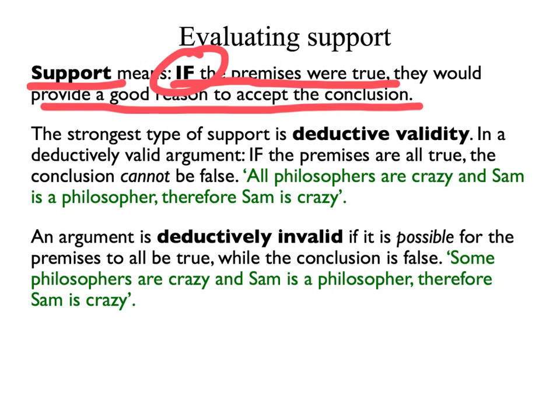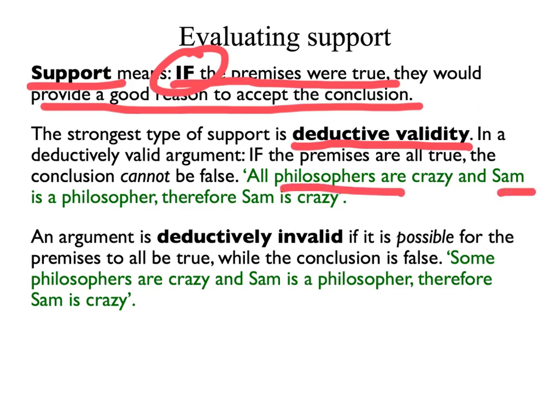One type of support that premises can give to a conclusion, not the only kind, but the strongest kind, is deductive validity. In a deductively valid argument, if the premises are all true, then the conclusion must be true. It can't be false. Here's an example. All philosophers are crazy. That's the first premise.